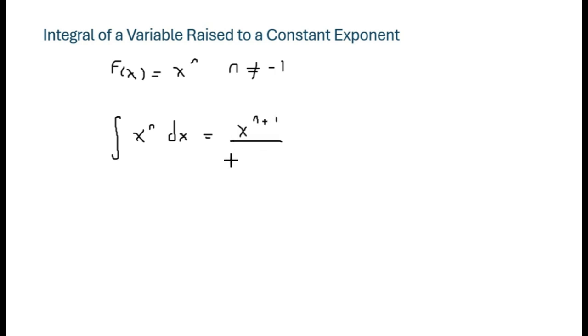And then we're going to have a denominator, so all this is over n plus 1 as well. And don't forget the plus c for an indefinite integral. So this is the second most basic rule of integration. Let's look at some examples.